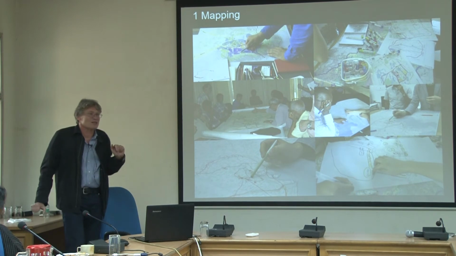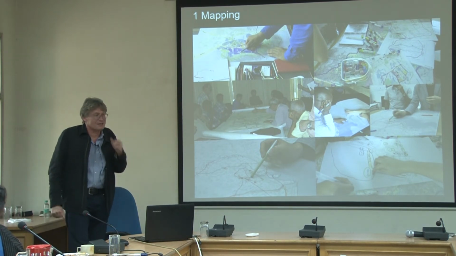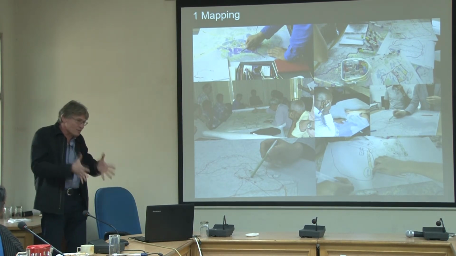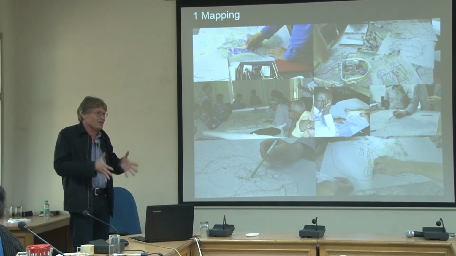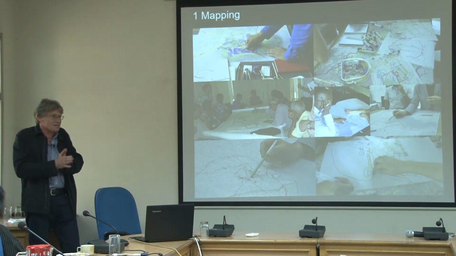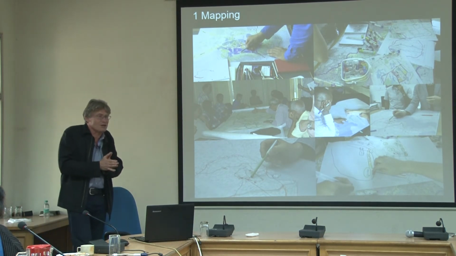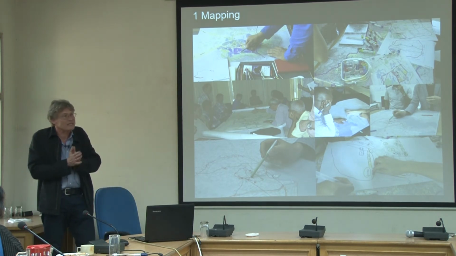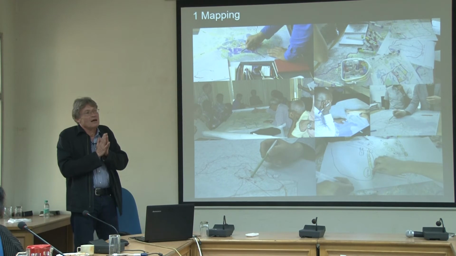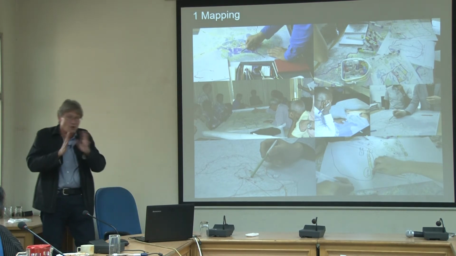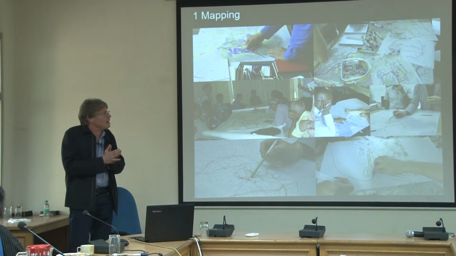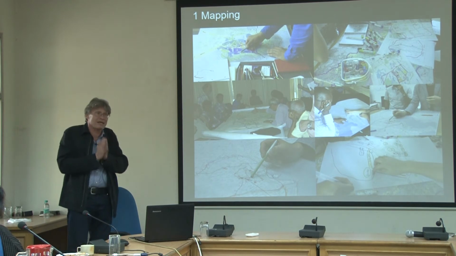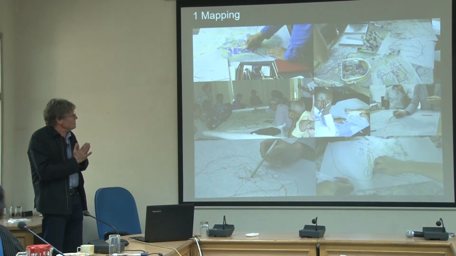We start from the ground, and that means from very concrete experiences that we study with classical means of ethnographical research, with interviews, with all sorts of field work, so with qualitative approaches.